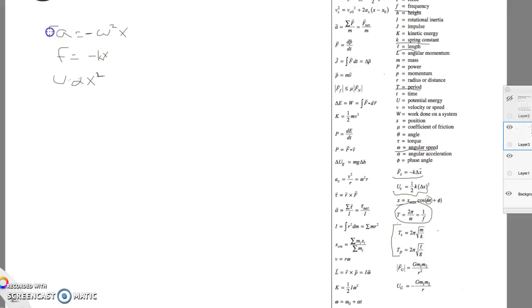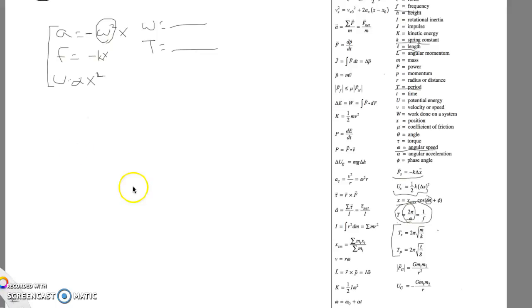Any version of this means simple harmonic motion. I really want to highlight this piece right here. If you see this format, sometimes you're going to need to determine what omega is and use that to write a period formula in the form of one of these.